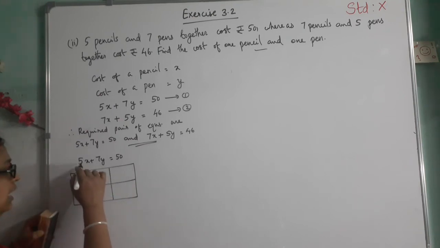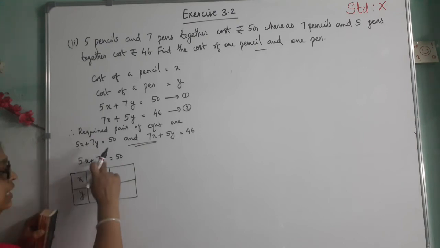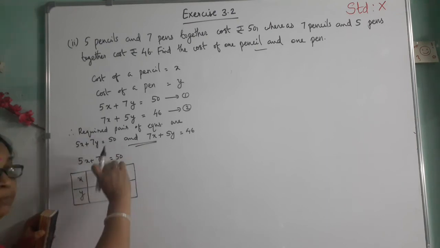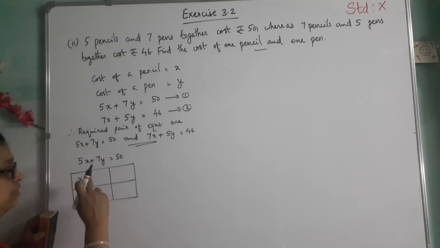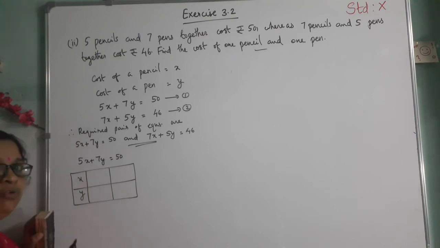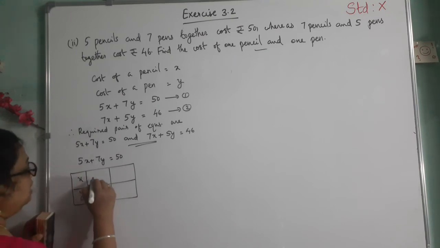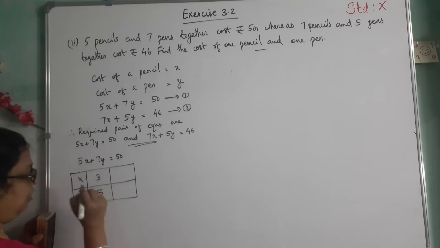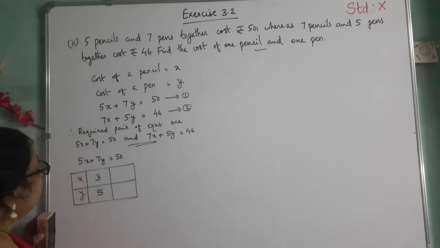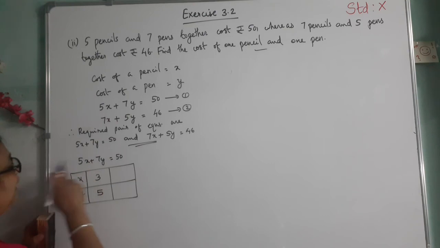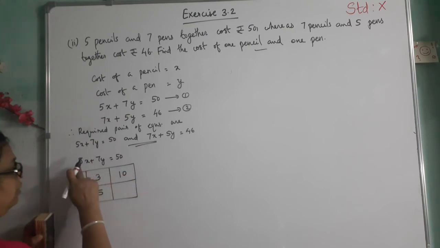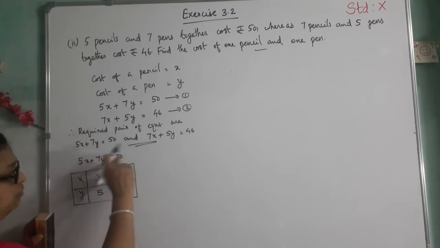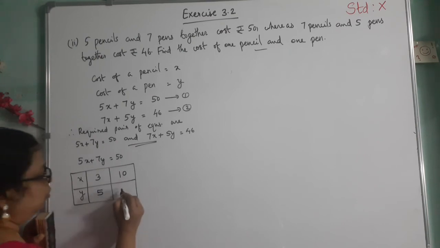When x equal to 3, 5 into 3 is 15, so 7y is equal to 50 minus 15, that is 35. 7y is equal to 35, so y is equal to 5. That is, here we get 3 and 5. Then x equal to 10: 5 into 10 is 50, so 7y is equal to 0, y equal to 0.